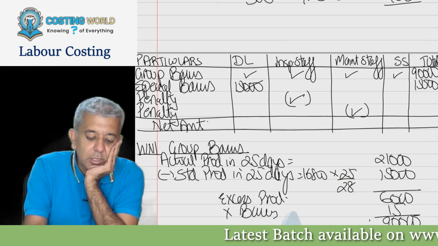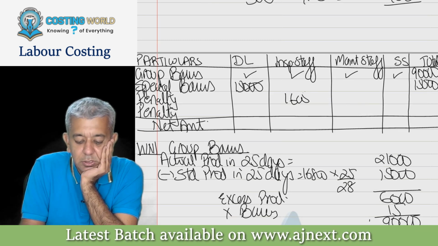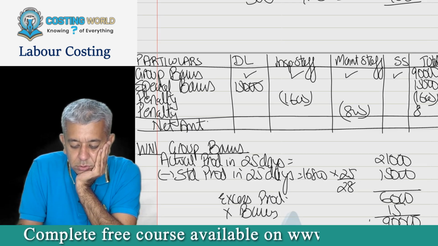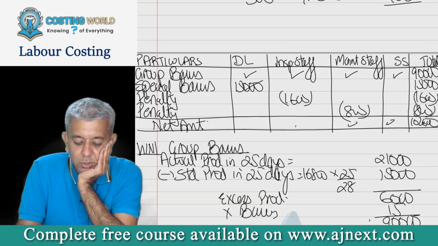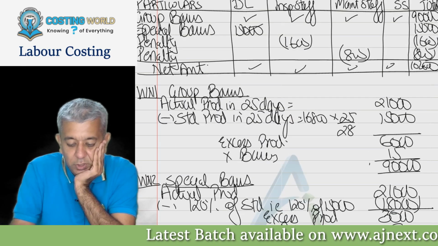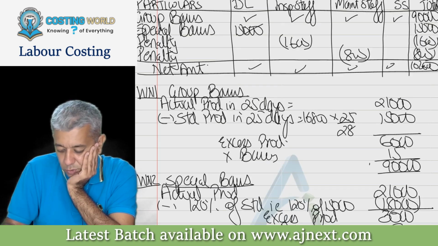Job done. Compute all these numbers also, please. Once you do that, take a 3 minute break. We'll continue after 3 minutes. Today the break is less because the lecture is also short only today.